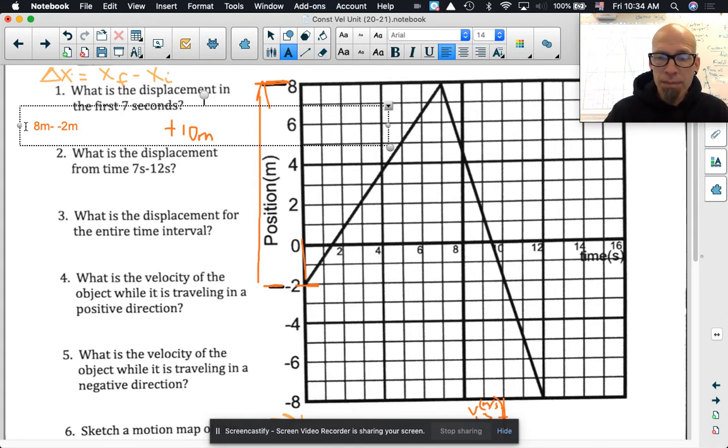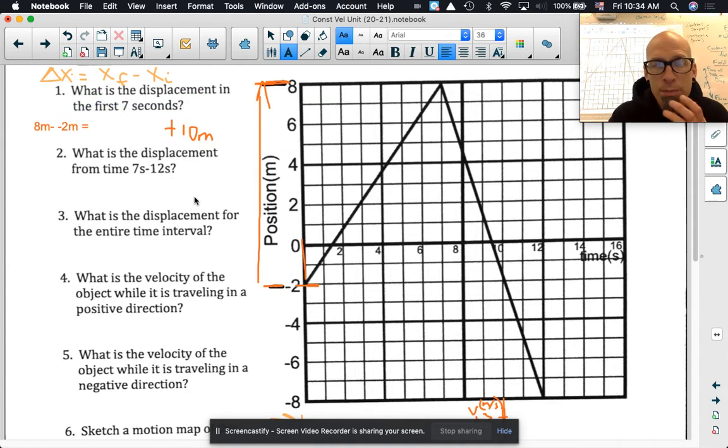That equals positive 10 meters. 8 meters minus a -2 is positive 10. This will never be wrong. Your final minus your initial will never be wrong. I hope maybe that makes sense.